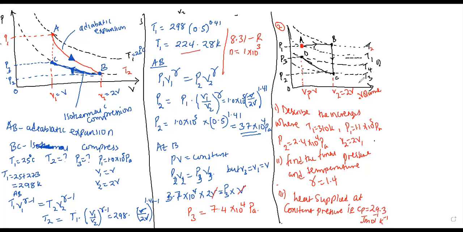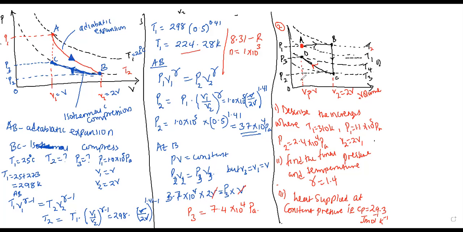It does so until the pressure reduces to P2. Then it undergoes an adiabatic compression until the pressure rises up again to P3 and the volume goes back to its original volume V.